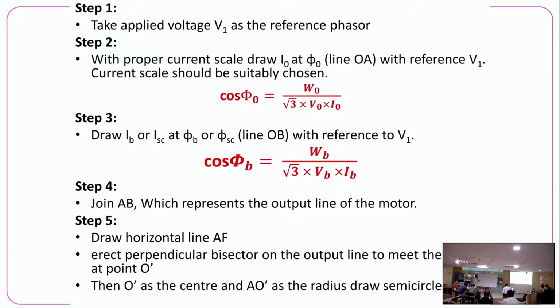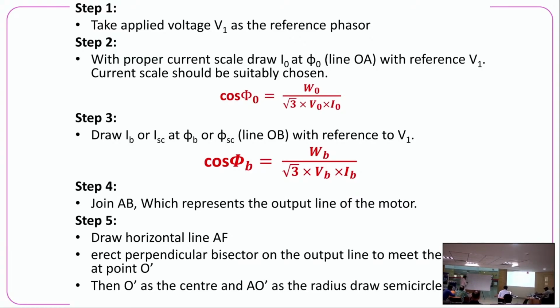Draw an angle phi s and draw the vector of ISCL like this. After that, we join these two.